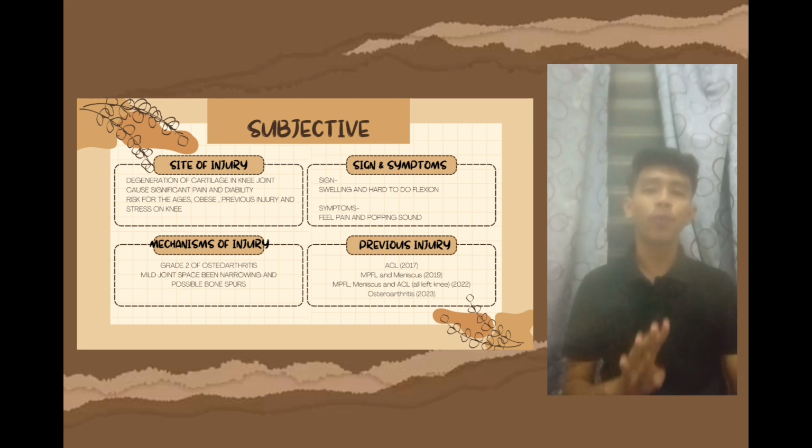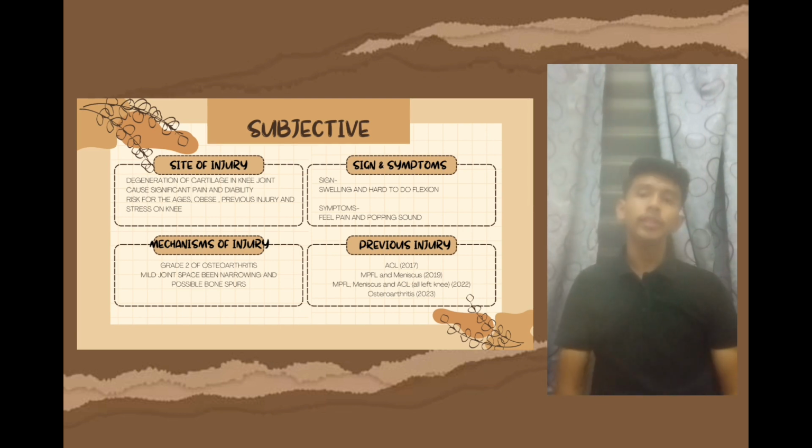She had four injuries before: the ACL in 2017, the MPFL and also the meniscus in 2019, then the MPFL, the meniscus, and ACL on the left knee in 2022, and the newest is the osteoarthritis in 2023.